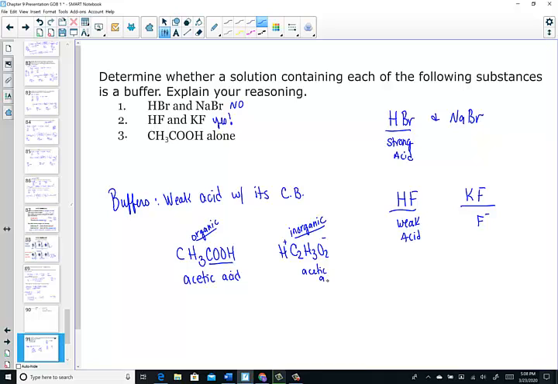In organic chemistry, we write that with this being the ionizing proton, just recognizing it either direction. Notice it says alone. Well, no, because you need to have the conjugate base with the acid. So no, that's not going to be a buffer. It's a good acid, but we need its conjugate base in the solution as well. So the only one that would work in this criteria is the second example, a weak acid with its conjugate base.